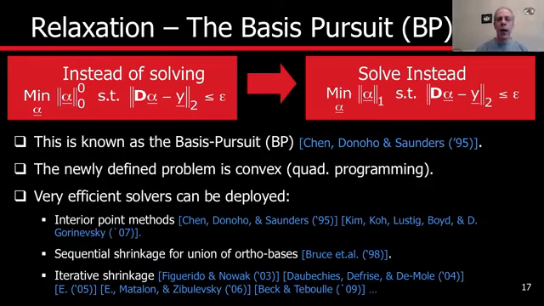And this has been the source of a lot of research in the community, because now that we know that this is convex and is solving under certain conditions the original problem, let's try to solve it the best possible way. This opened the door to a lot of excellent research in this area.